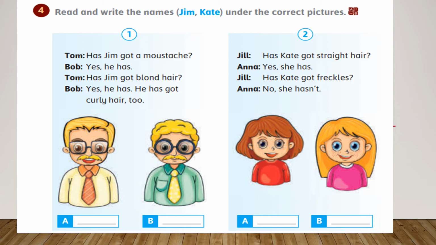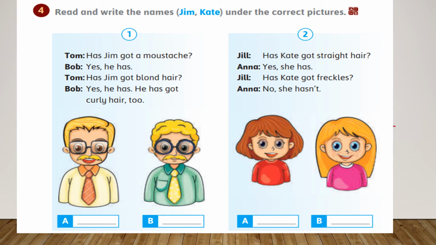Has Jim got blonde hair? Yes, he has. Has he got curly hair too? He has got curly hair too.